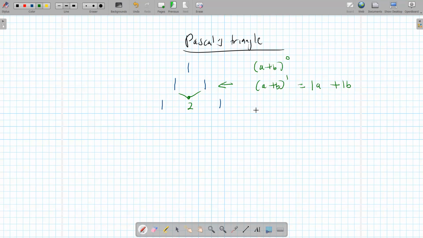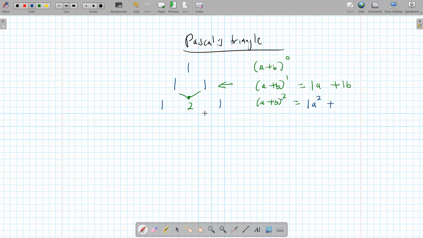If you look at the third line, this is a plus b to the power of 2. So what does the 1 represent? Well, it represents the coefficient of a, but now from this onwards, you have to be careful. It's always going to start off like this: 1, a, and then a to the maximum power. No b's.